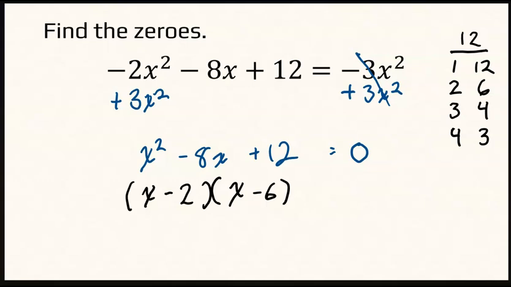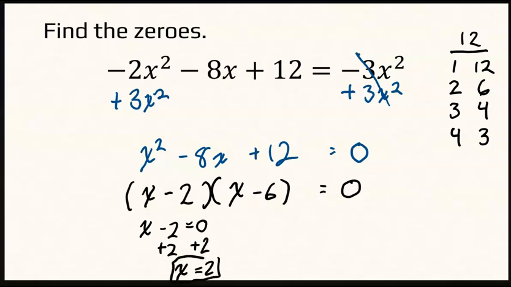Now, from there, just like before, because it says find the zeros, that's just another way of saying solve for x, or as I mentioned earlier, find where the quadratic crosses the x-axis. So I am going to set this equal to 0, add the 2, and I have x equals 2.